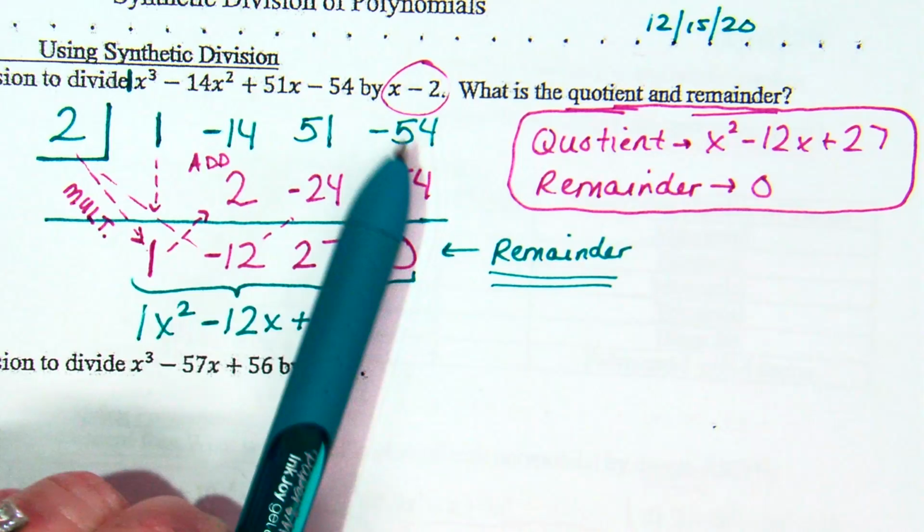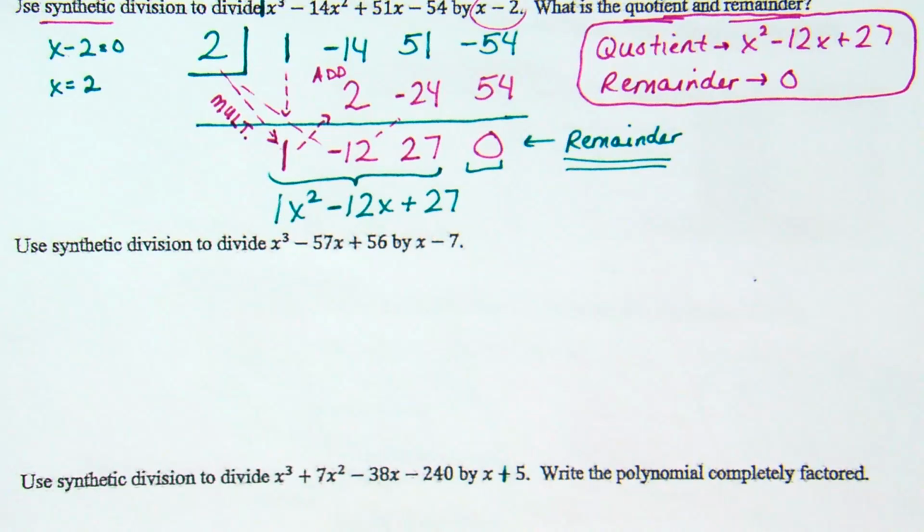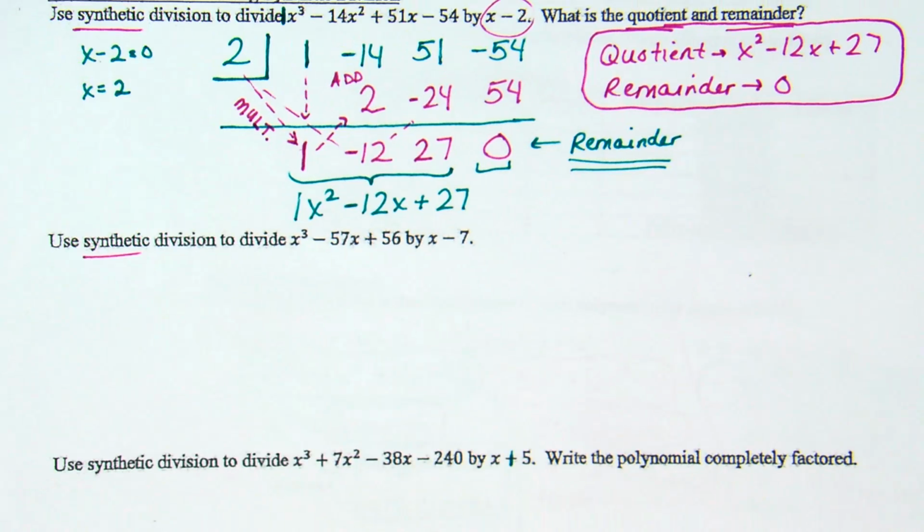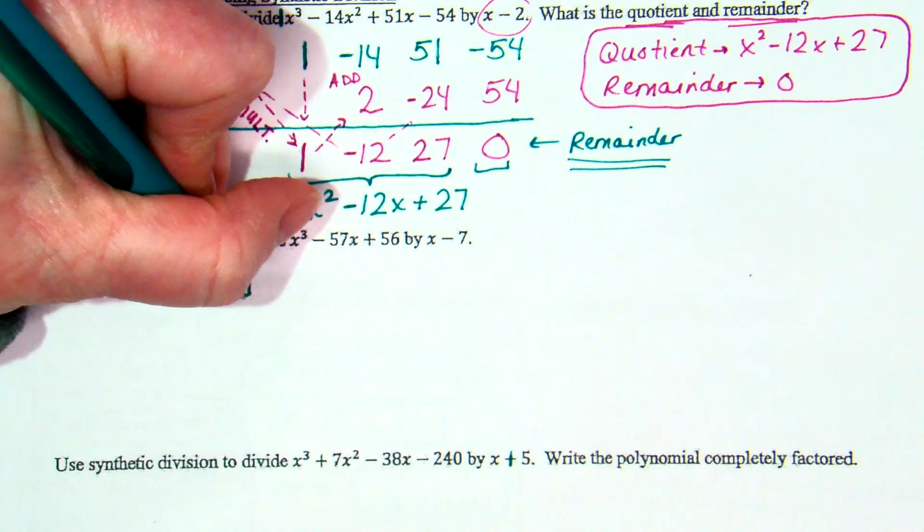Okay, so stay with me on the setup of this next problem, please, to make sure we don't overlook an important detail. But again, it's asking me for synthetic division, right? We're dividing x cubed minus 57x plus 56 by x minus 7. Okay, first of all, number in the box.